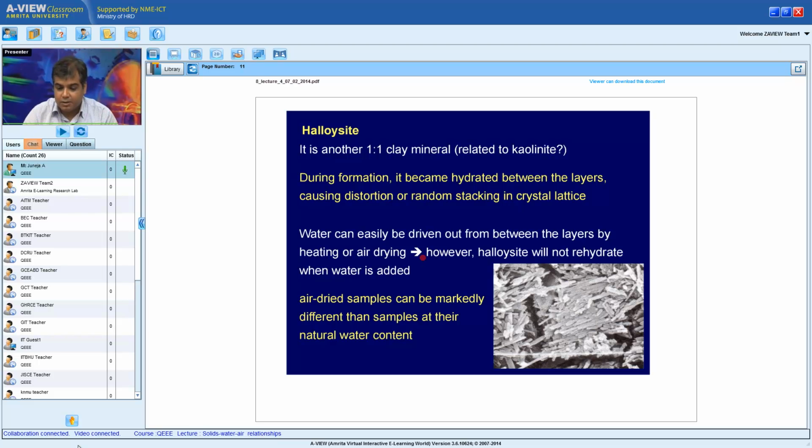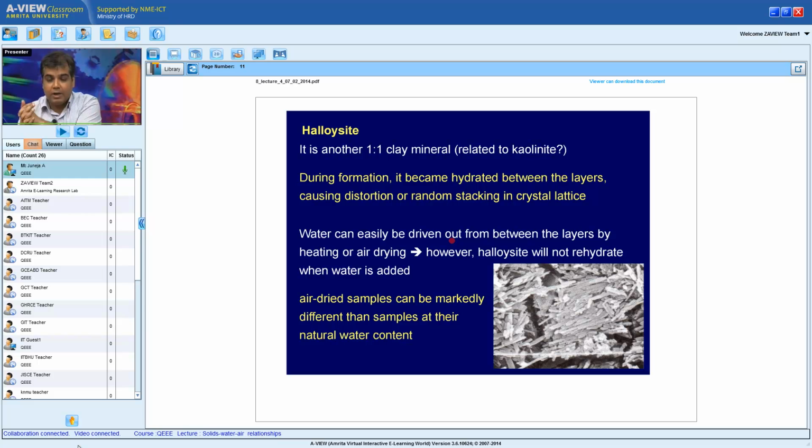Just to appreciate this, the water which has come in can easily be driven out, even by putting in outside air. And once the water is driven out, it's hard to push the water back in again because of the hydrogen bond which may have formed after the water is driven out.